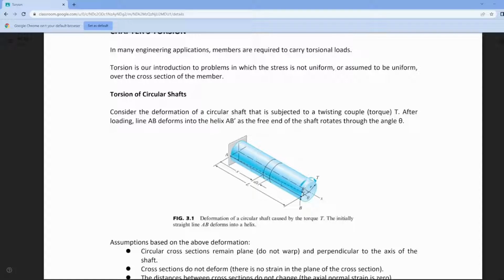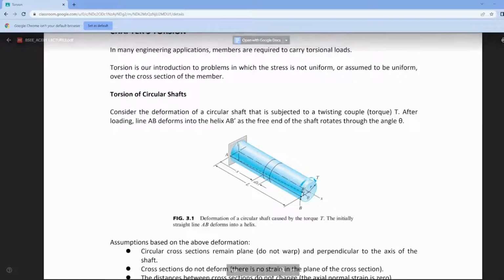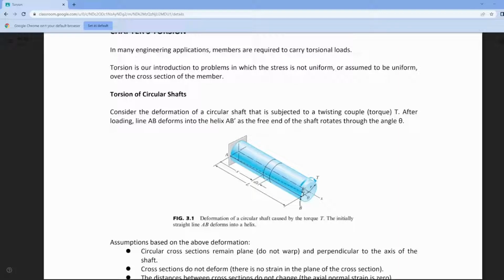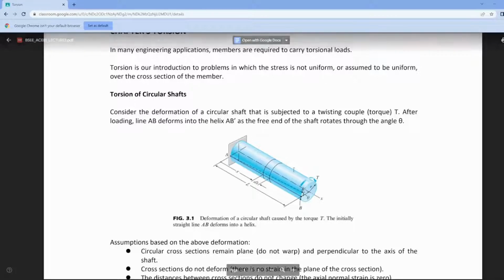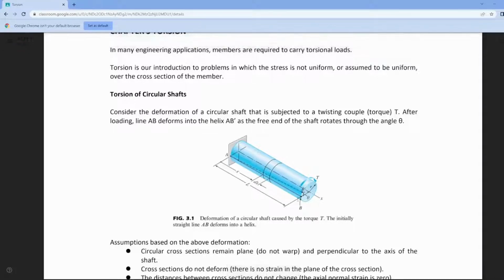Originally, this is line AB, this solid line. But then we apply a twisting couple, the torque T. End A is fixed, B is free. So when you twist, point A will remain here, but point B will now move, because there was deformation, there was rotation.